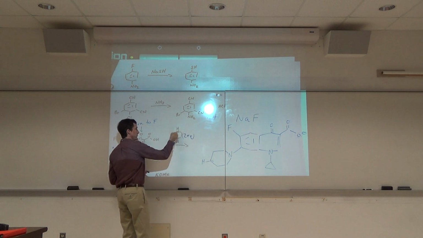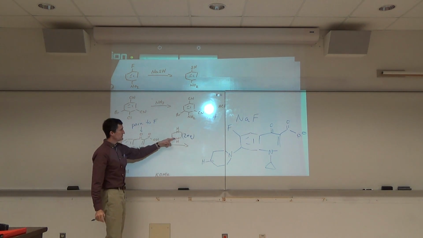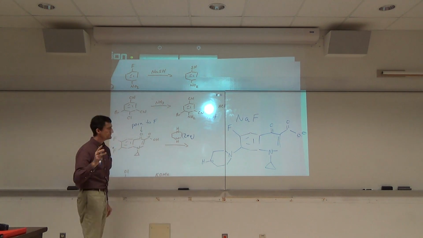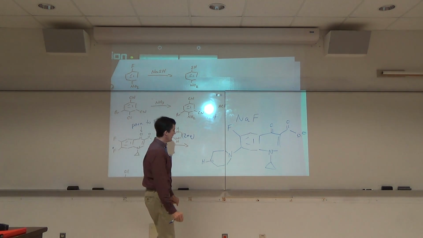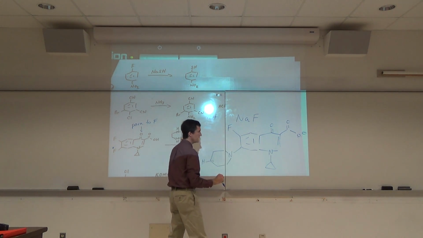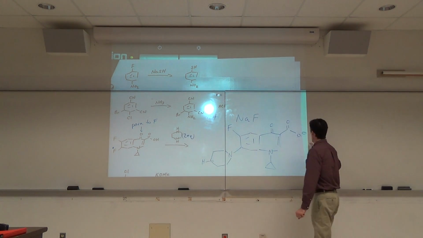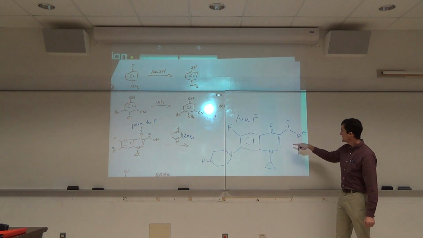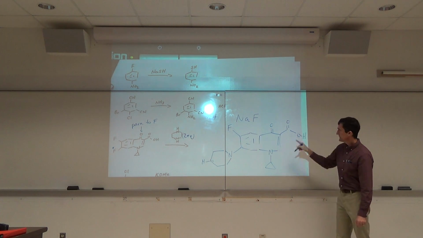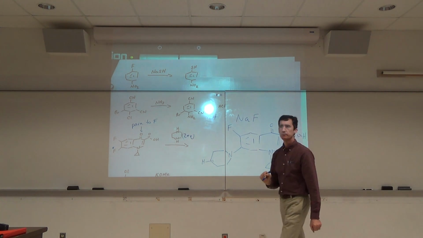Also, this can react on both ends. They probably use a huge excess, so it only reacts on one end. So there are some details here. But this comes from NAS displacement of the activated fluorine. You're probably going to have to work this up with the appropriate acid to put this on. Basically, that's the product that comes out of here.